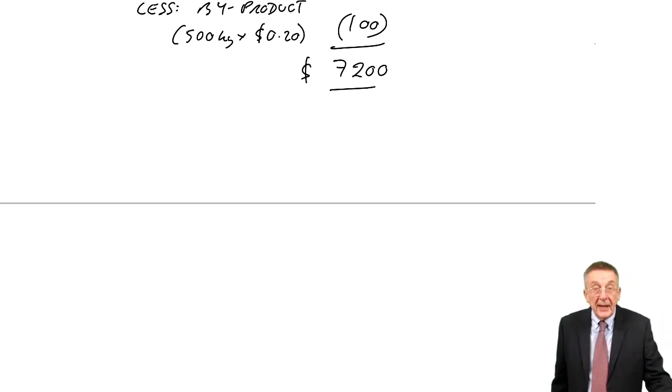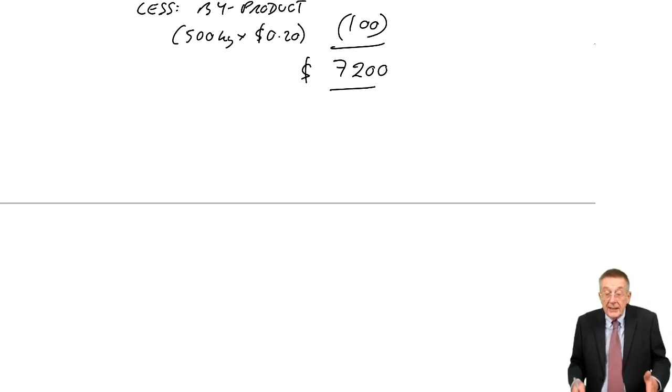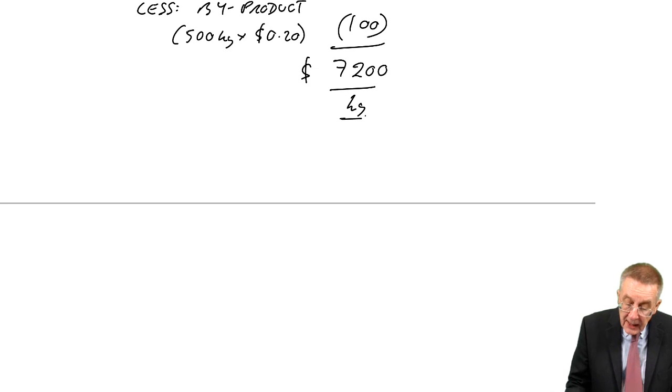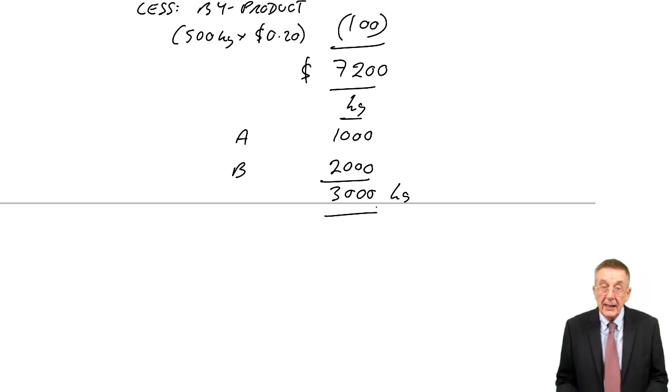Here our units happen to be kilos, it could be simply units, or it could be litres if it was perfume toilet water, but here it's kilos. And A, we're producing 1,000. B will produce 2,000. So we're producing a total of 3,000 units or 3,000 kilos.